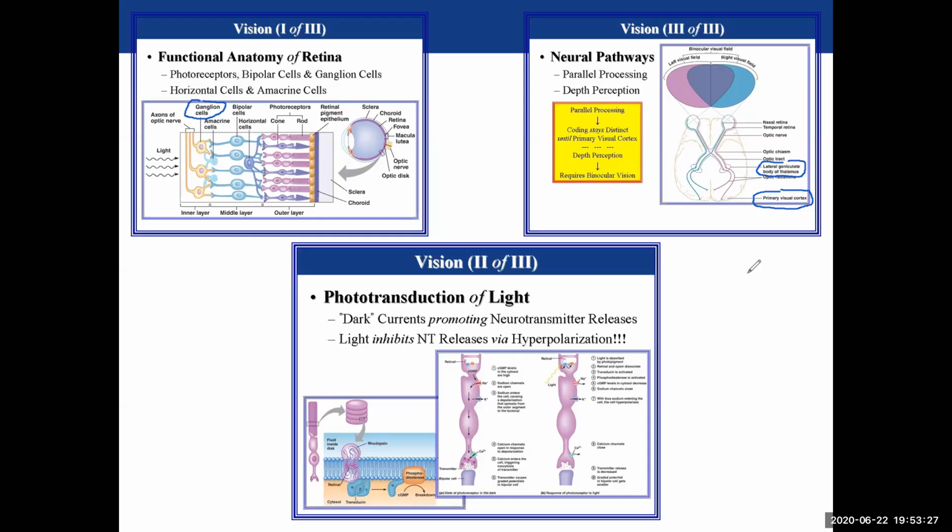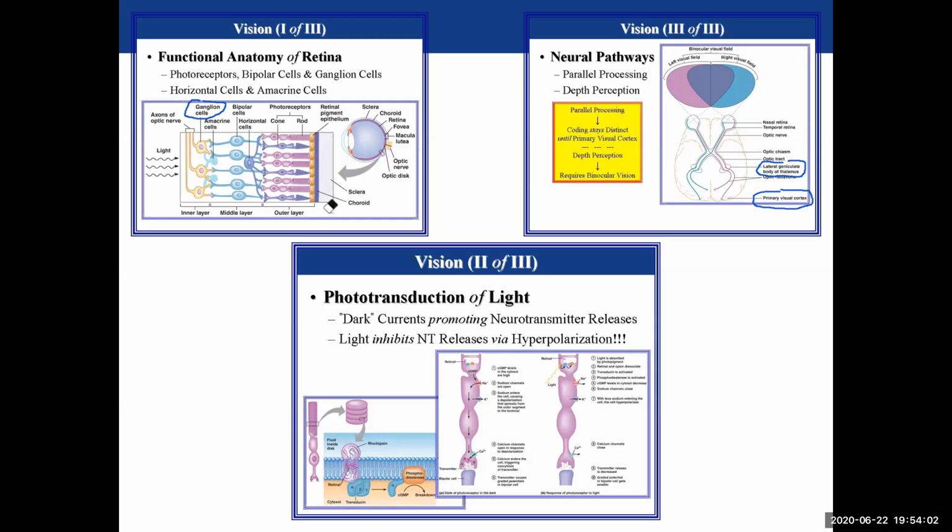Information that goes to the superior colliculi is for the visual reflex. Information that goes to the suprachiasmatic nucleus is for the 24-hour day and night cycle, circadian rhythm, right? And the third pathway goes to the thalamus and ultimately through optic radiation onto the primary visual cortex.